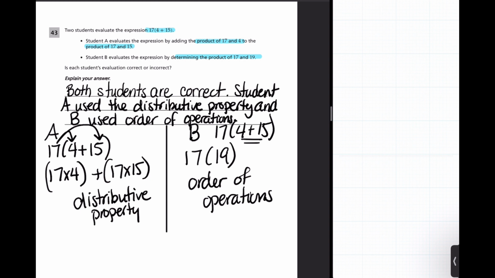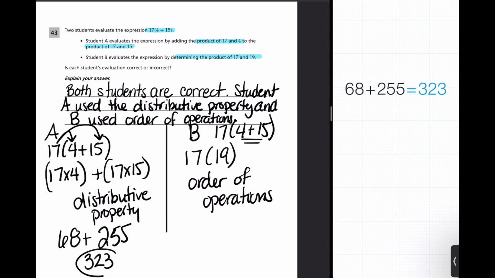And I'm even going to go further to show that both have the exact same expressions. 17 times 4 would have been 68. And 17 times 15 is 255. 68 plus 255 is 323. So that's the value of A's work.